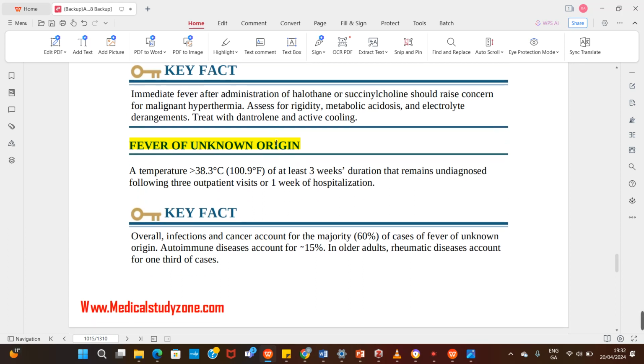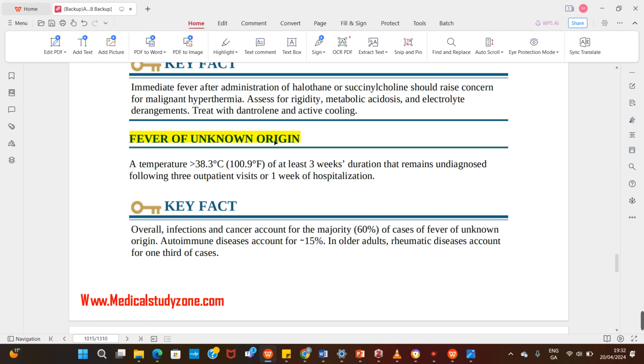Fever of unknown origin. Fever of unknown origin is just fever of at least 38.3 degrees Celsius that lasts for 3 weeks and is not diagnosed after 3 outpatient visits or after a week of hospitalization. That's just the simple definition. Where is this fever coming from?